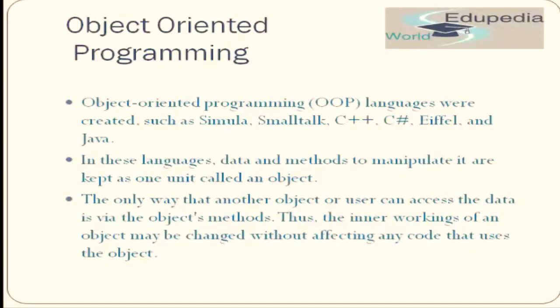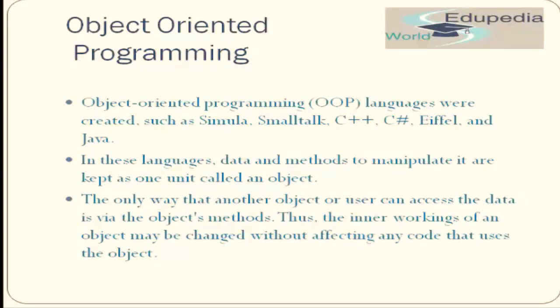Basically, it's kept as one unit through a prototype, which is a class, and for that class we create objects. The actual unit which we can use is called an object, and the prototype of how that object will be created is shown by the class.